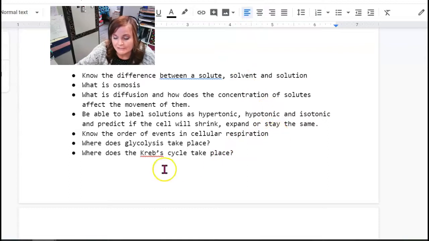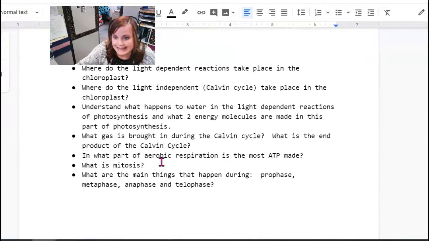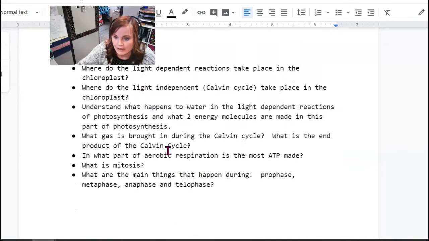These are specific parts, so make sure you're very, very specific about where they're taking place. What is ATP? Where do the light-dependent reactions take place in the chloroplast? Remember, the 2 parts of the chloroplast are the stroma and the thylakoids. So which part is the light-dependent reactions and which part is the Calvin cycle?